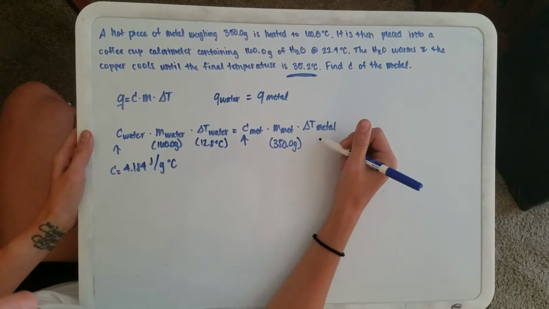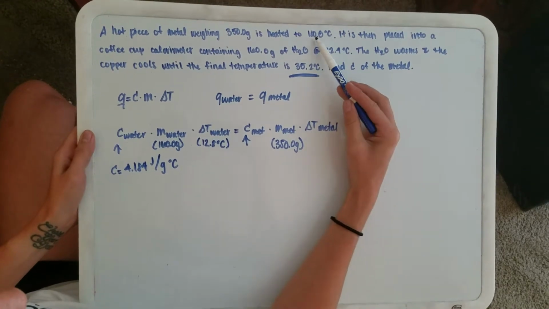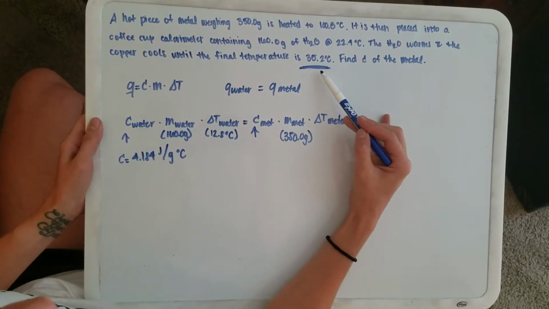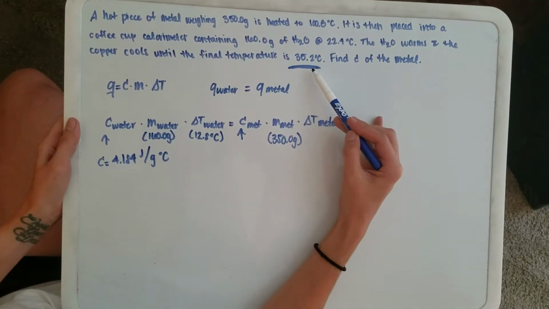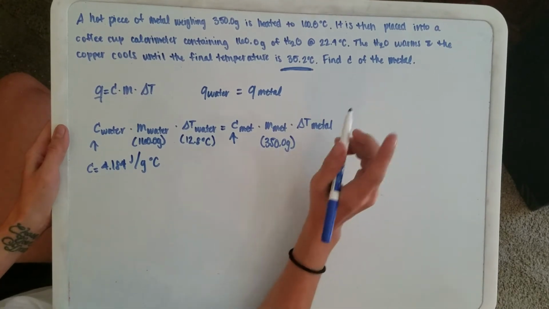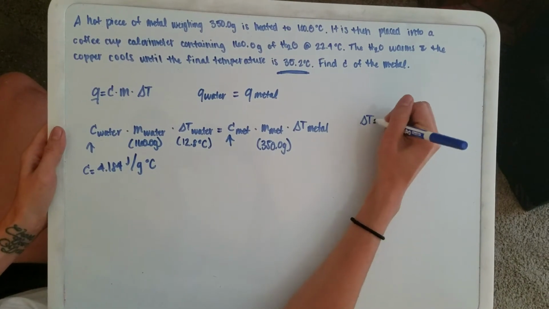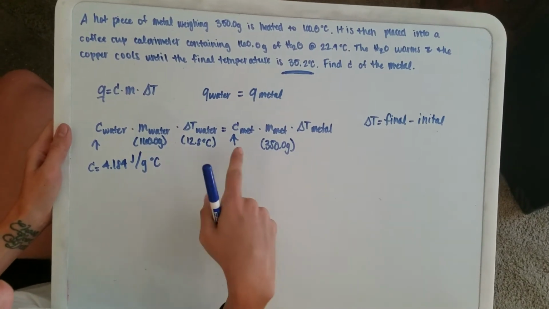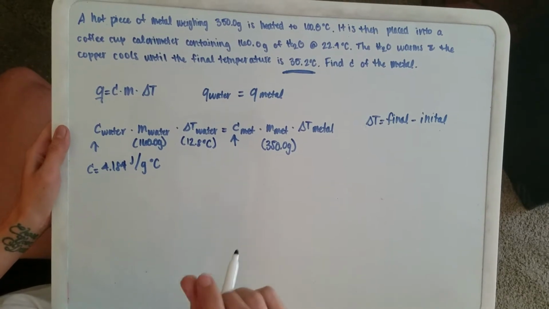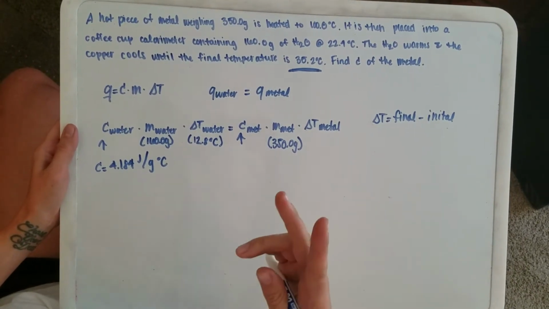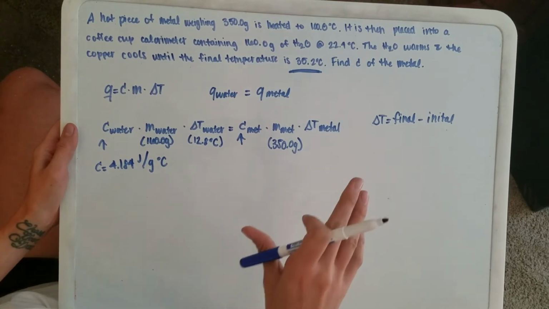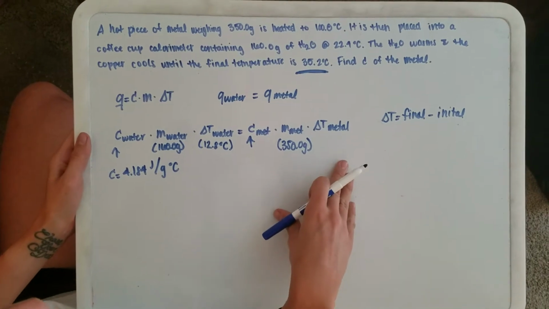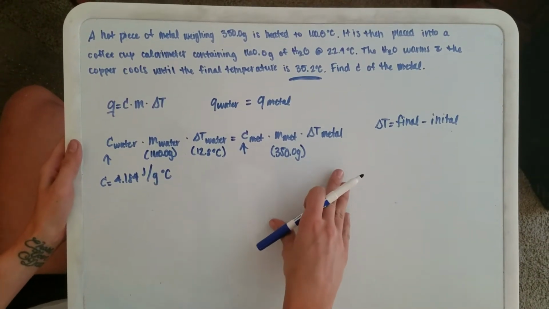Now we need the change in temperature of the metal. Well, it started at 100, and the entire system, including the water and the metal, ended at 35.2 degrees Celsius. Now, change in temperature is usually final minus initial, but since we're looking for specific heat, you can't have negative specific heat, because the very definition of specific heat is how much energy it takes to raise 1 gram of that substance by 1 degree Celsius.